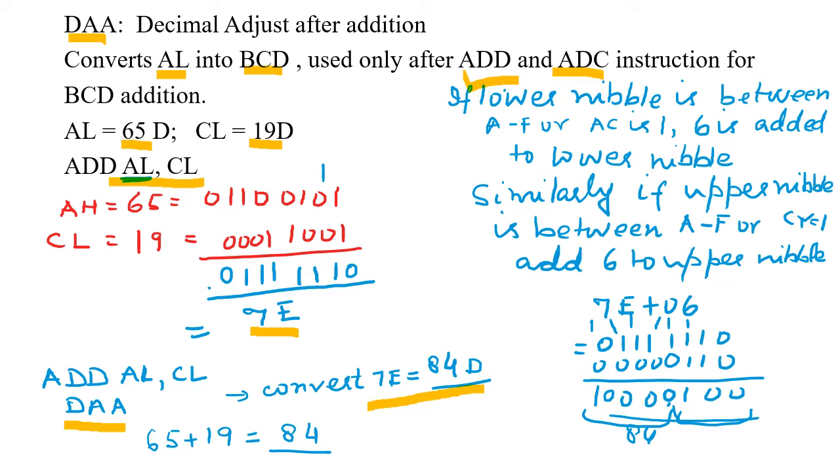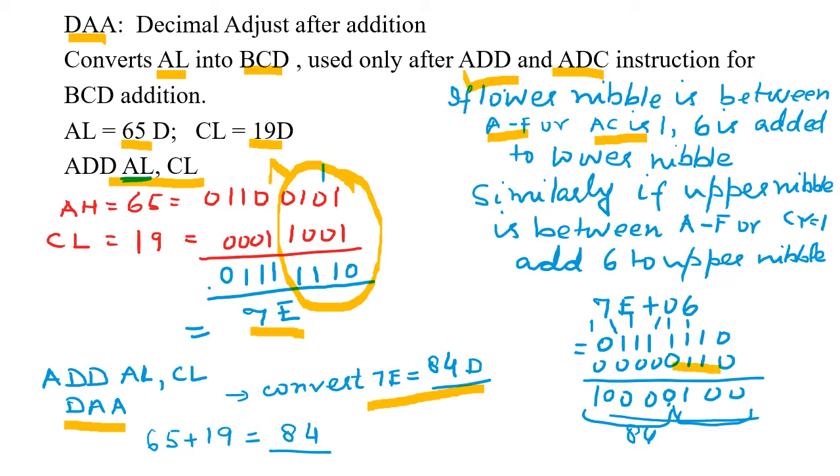How does it convert? If the lower nibble, this is the lower nibble, if the result of lower nibble is between A and F, and if auxiliary carry flag is 1, then 6 is added to the lower nibble. Here the result is E, so 6 is added to the lower nibble.